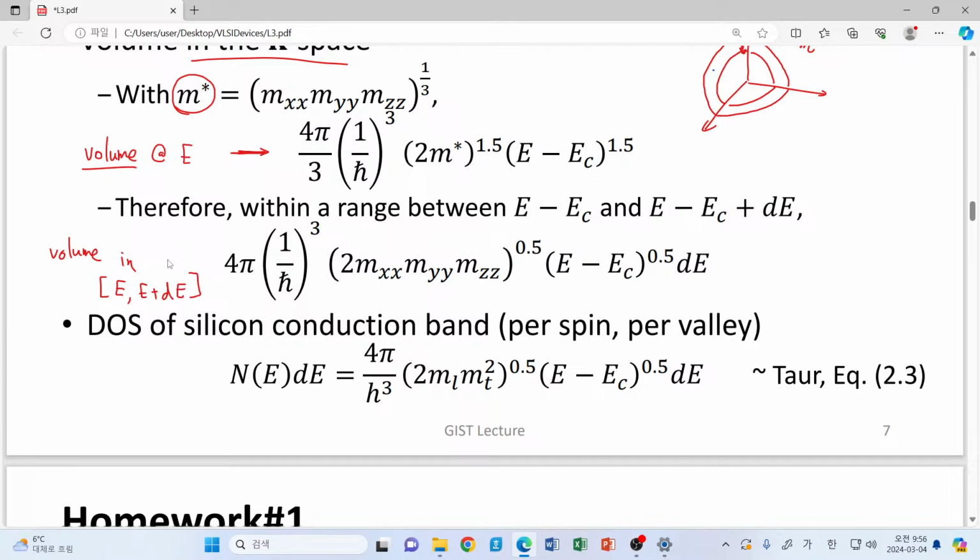You can easily find that this has power 1.5, and here you have 0.5. It is because we just consider infinitesimal volume obtained from this range, and from this shell volume, then you can introduce this expression. How can you do that? Just introduce something like 2 pi over something.